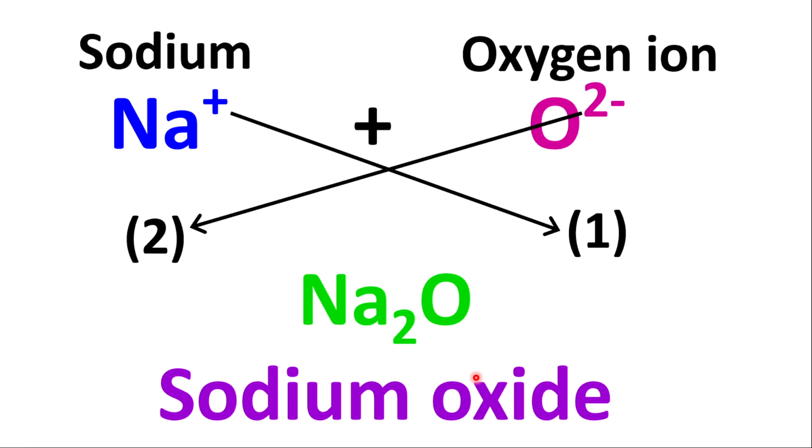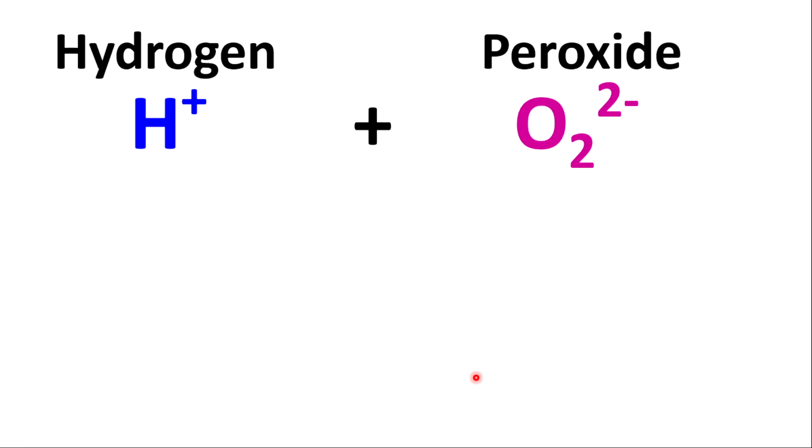Let's look at our next example. For this example, I would encourage you to pause the video, work it out, and see if you truly understand. Now we're going to use hydrogen and peroxide. The charge on hydrogen is a positive 1 and the charge on the peroxide ion is negative 2.